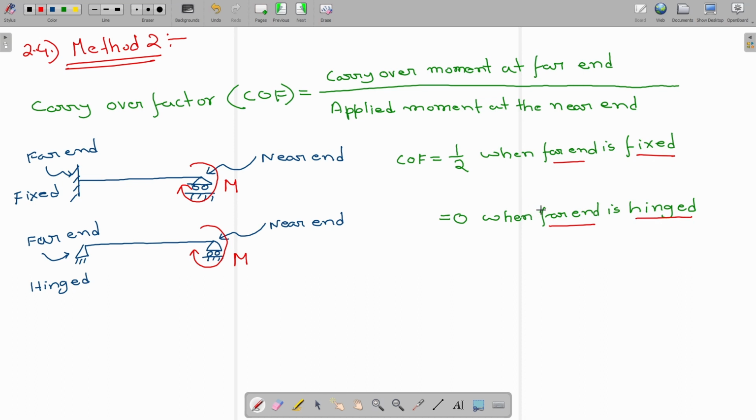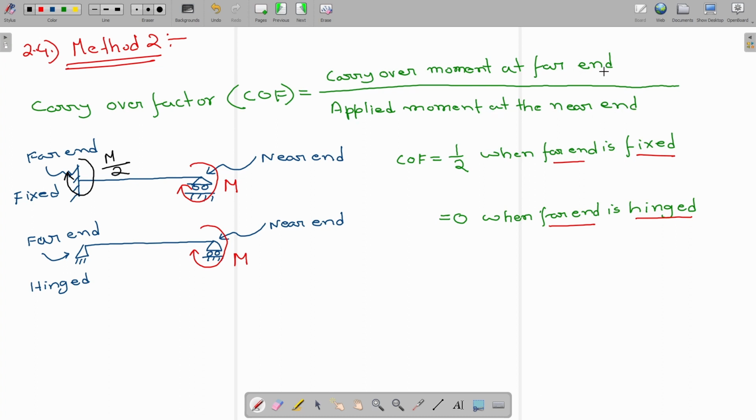So the transferred moment, here in this case, will act in the same direction, that is in the clockwise direction, like this, and the moment will be M by 2. The carryover factor is the carryover moment at far end by the applied moment at near end.